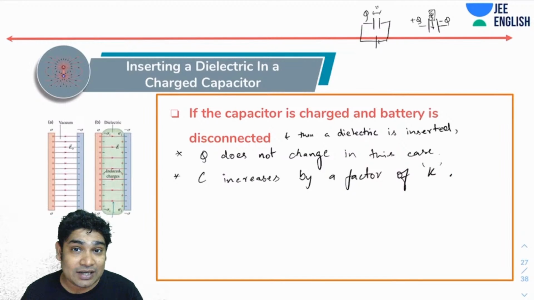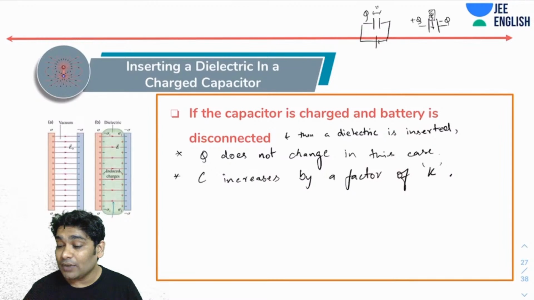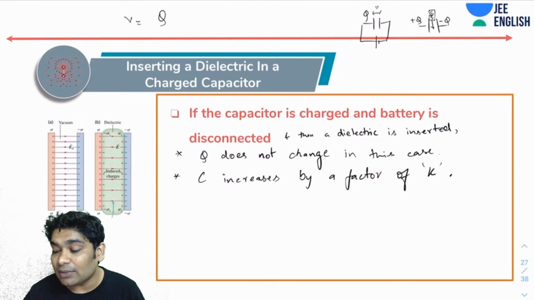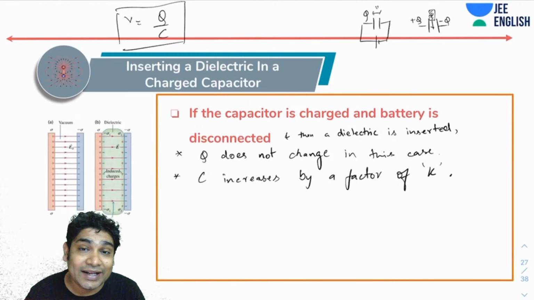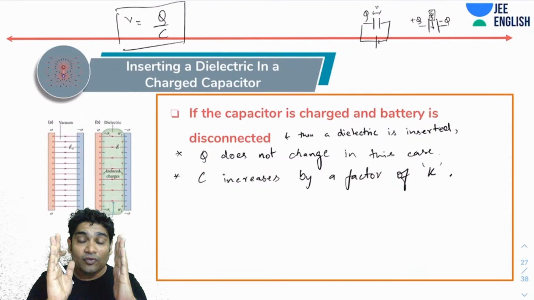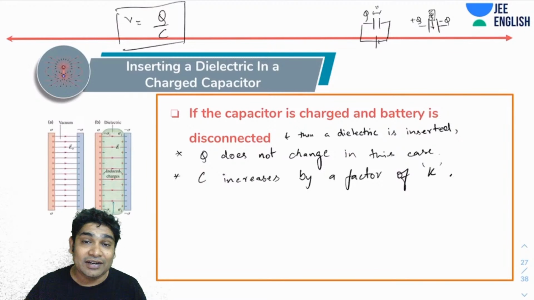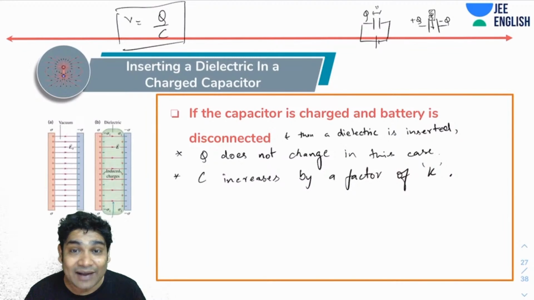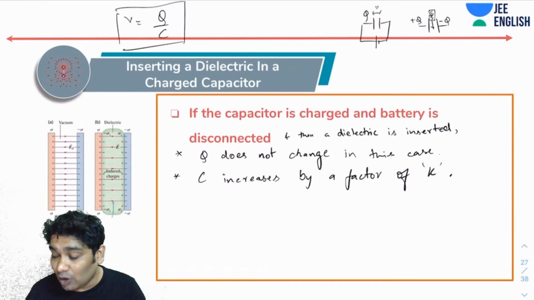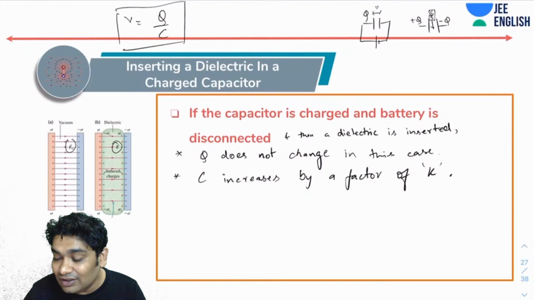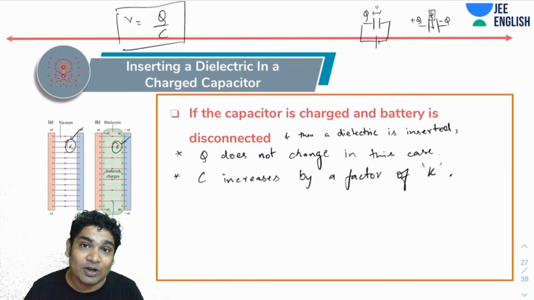Now, if Q remains unchanged and C increases by a factor of K, what happens to V? V was nothing but Q over C, which means the potential difference between the two plates would decrease. Remember, I told you this also, that when you're inserting a dielectric, for the same charges, it will reduce the potential difference across the plates. Why? Because it's weakening the electric field. This electric field would get weakened when you insert the dielectric.